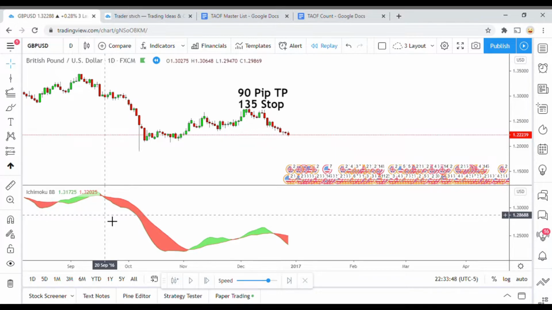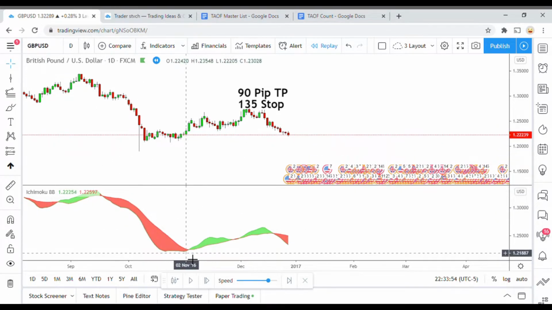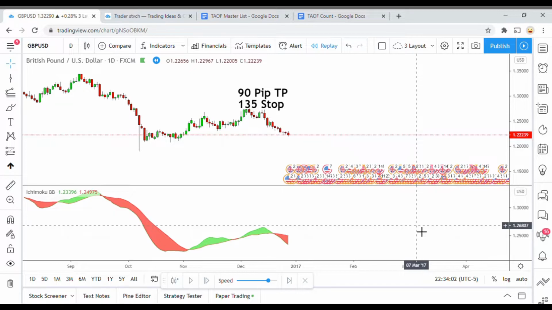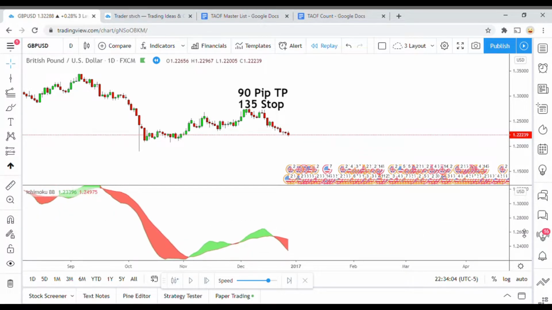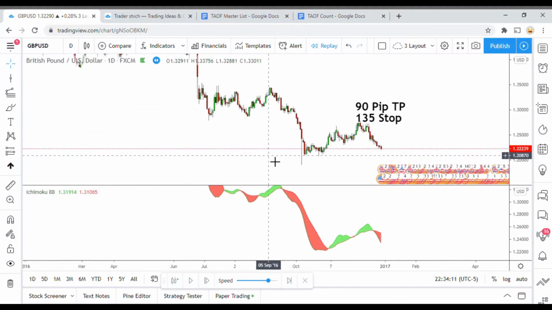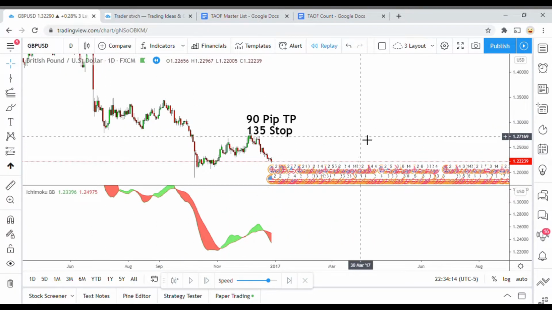When the cloud here goes red, that's going to be a short, and when it goes green, that's going to be a long signal. Pretty simple setup. Not a whole lot to it. And that's how we are going to put it to the test.